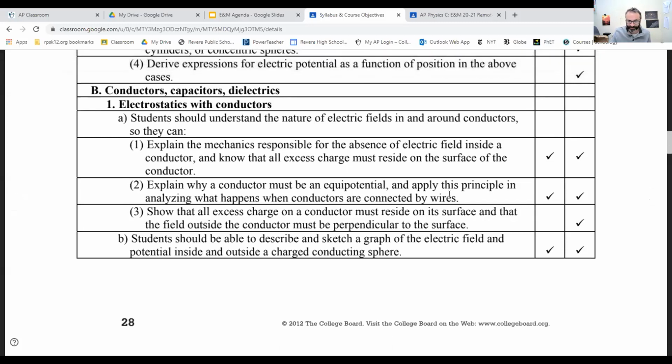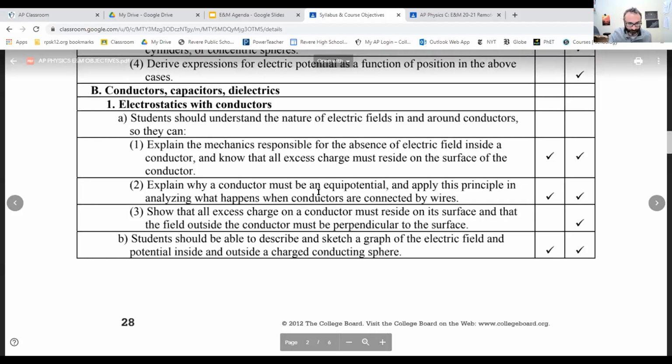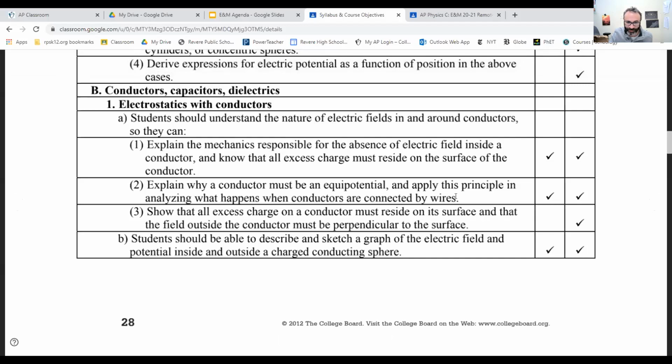Well, you can kind of take it a step further. If I take 2 conductors and connect them by a wire, which is also a conductor, what can I say about the potential in both conductors? They would have to be the same, right?